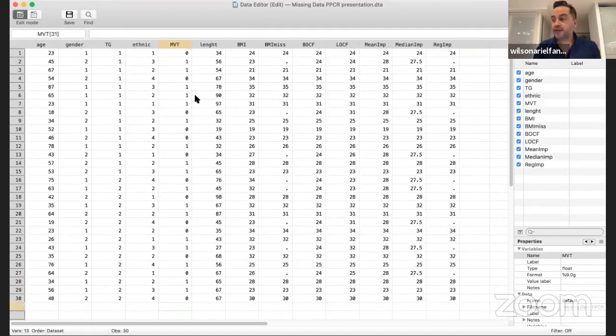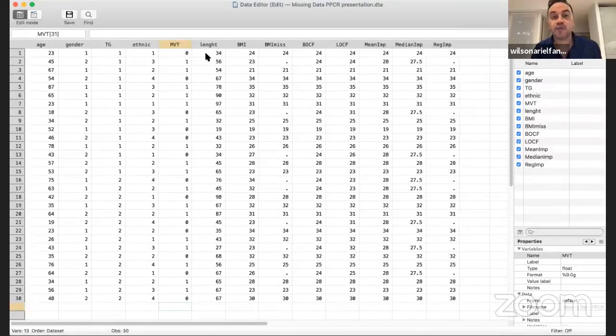By the way, this is really important, because if you don't codify the primary outcome this way and you go for 1 and 2, you can't really run a logistic regression model, as you might already have learned in your statistical course from July. Anyway, so this is the primary outcome.